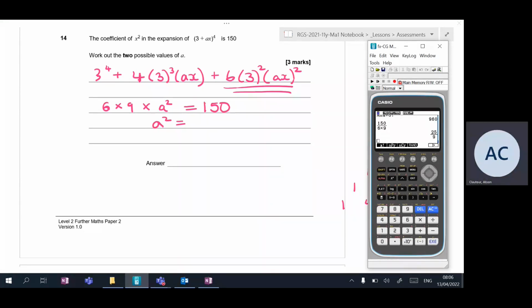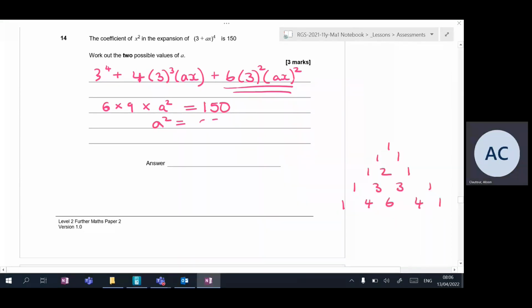So 25 over 9. Okay, and then there are two possible values. Obviously, because I'm square rooting, I can have the positive and negative root. It's going to be plus or minus, and then square root of 25 over 9, which is 5 over 3.